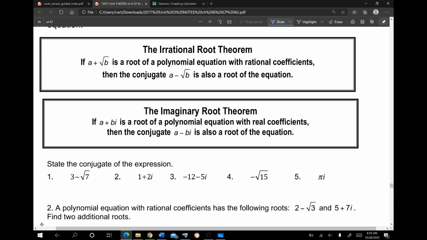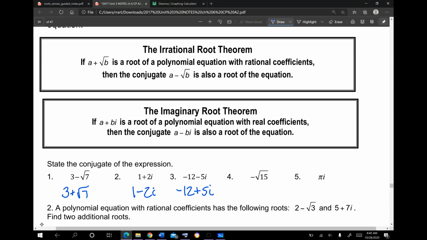So if I want to state the conjugate of 3 minus 7i, it's going to be 3 plus 7i. Number 2, 1 plus 2i. If 1 plus 2i is a solution, then 1 minus 2i is also a solution. If negative 12 minus 5i is a solution, then that means negative 12 plus 5i is a solution.